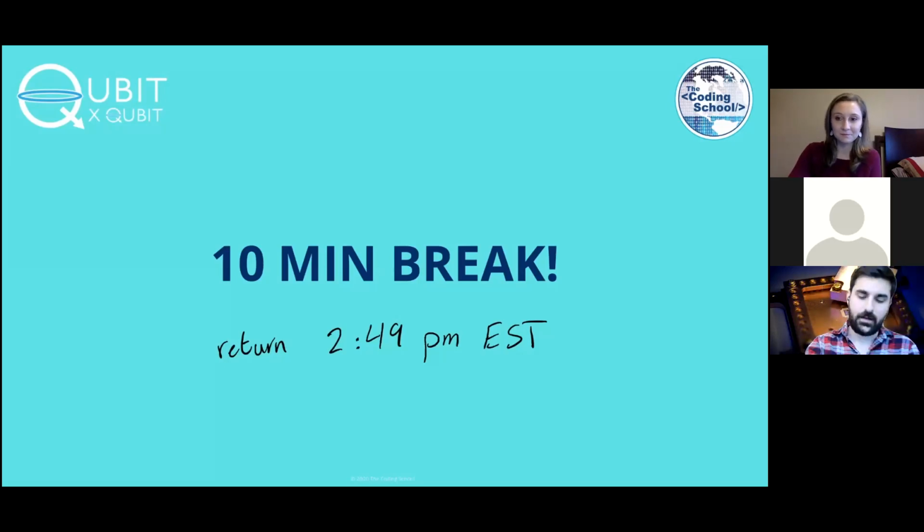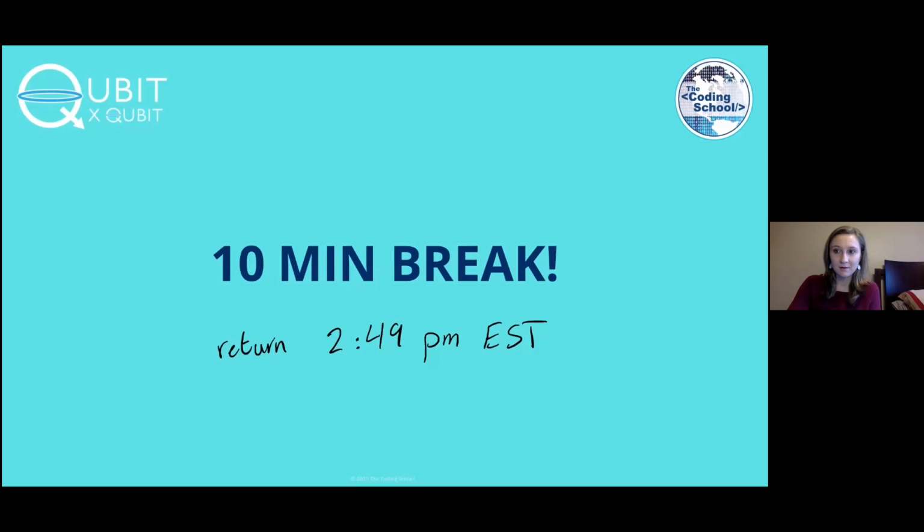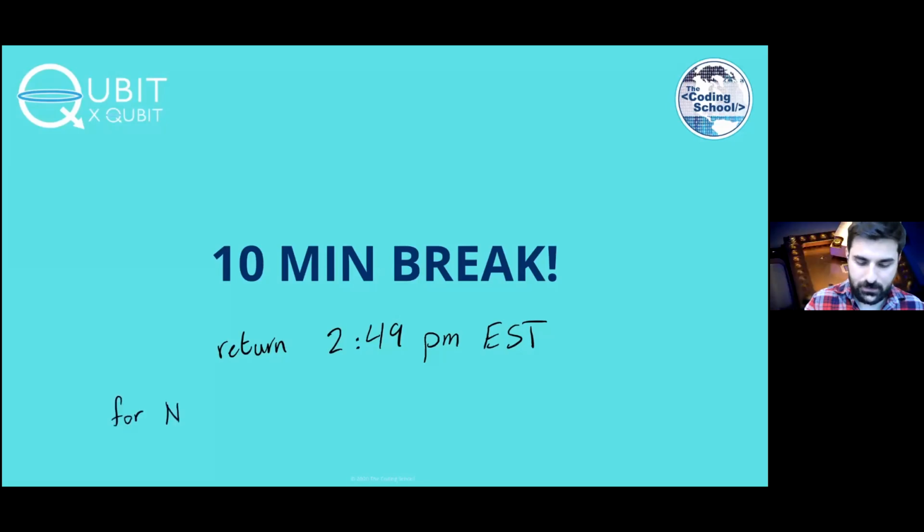Maybe I'll write it down here. So if we have large n elements, we will need, I mean, it's just an idea of how many bits we need to represent this number.